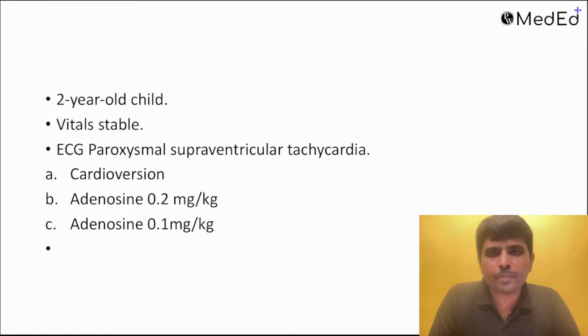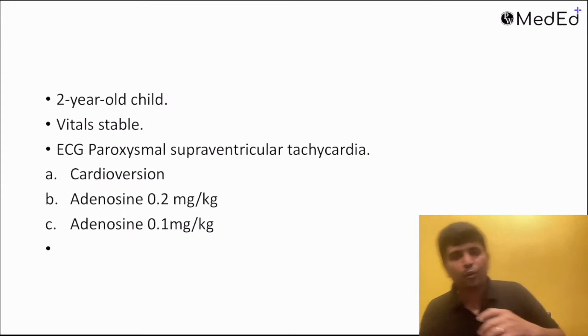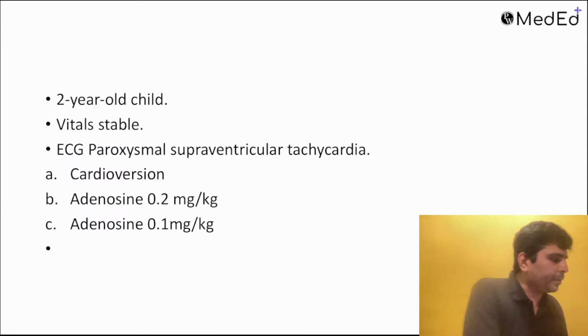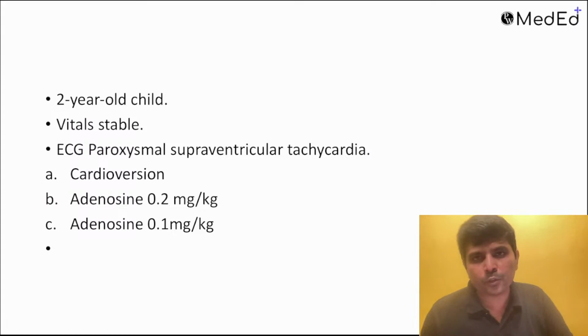Stable means whether the BP is normal or not. If the child has normal BP without any symptoms of shock, then you can try adenosine. Adenosine will be the drug of choice in any case of narrow complex paroxysmal supraventricular tachycardia without any P waves.